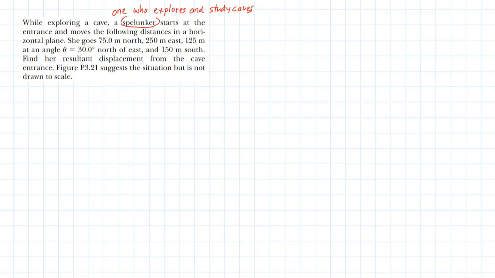So how is her movement? She goes 75 meter north, then 250 meter east, 125 meter at an angle 30 degrees north of east, and 150 meter south. Let's draw her path.